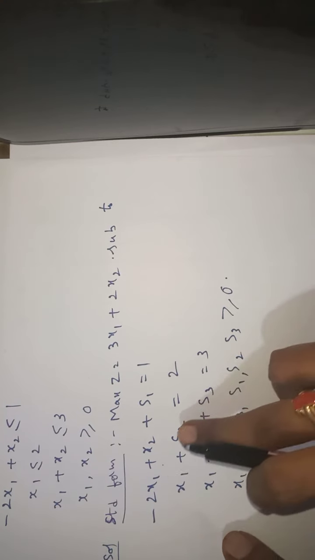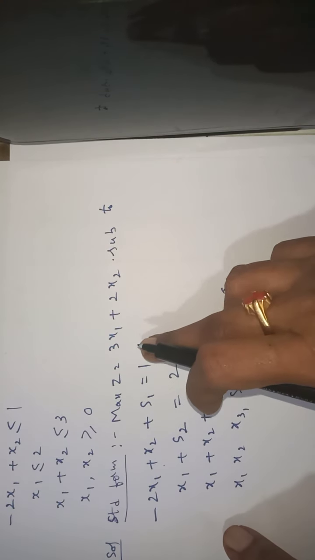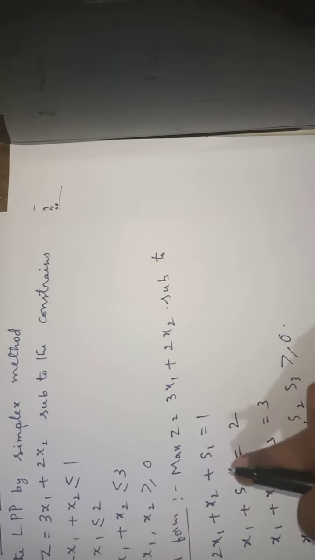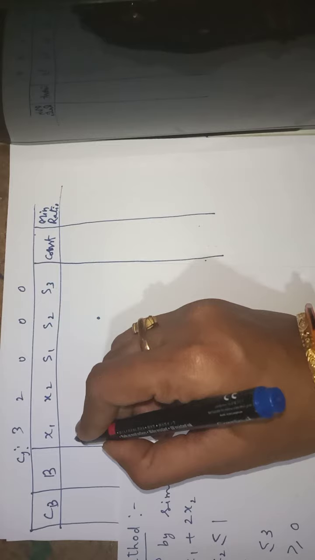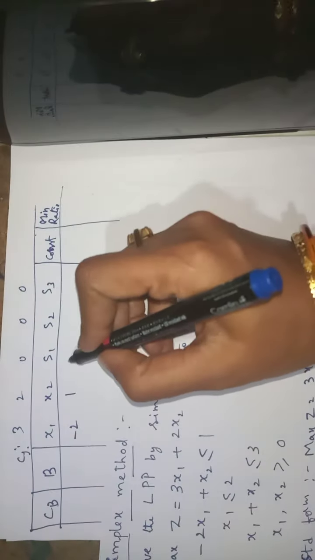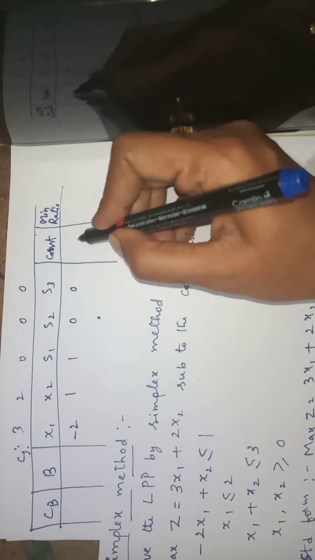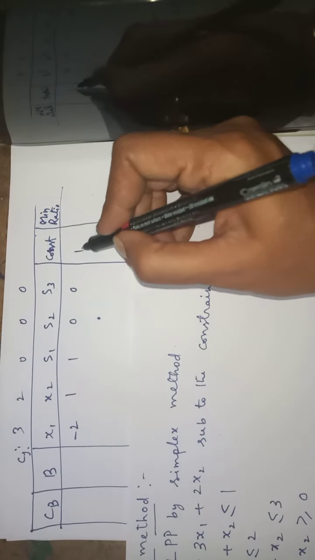Here we write the coefficients of x1, x2, s1, s2, s3 and the constant terms. The first constraint: coefficient of x1 is -2, x2 is 1, s1 is 1, s2 0, s3 0, and the right side constant is 1.